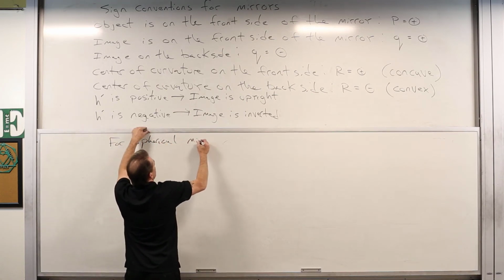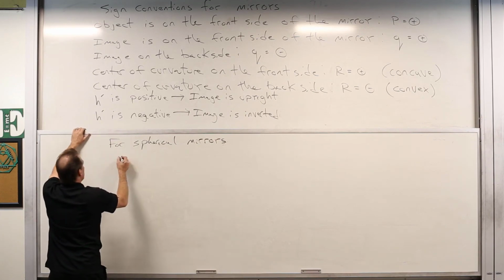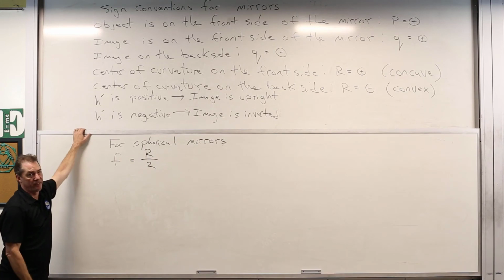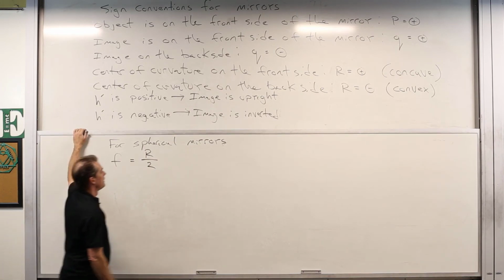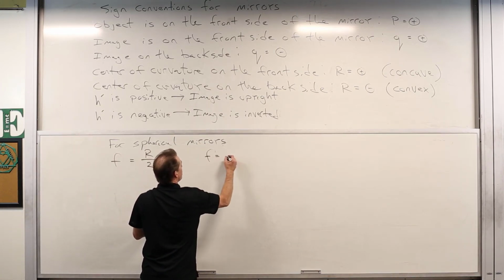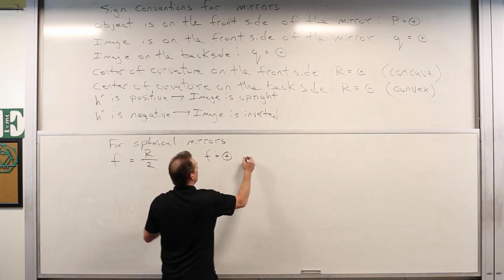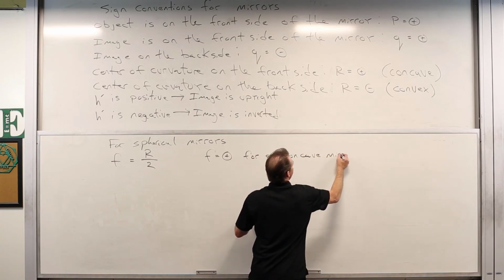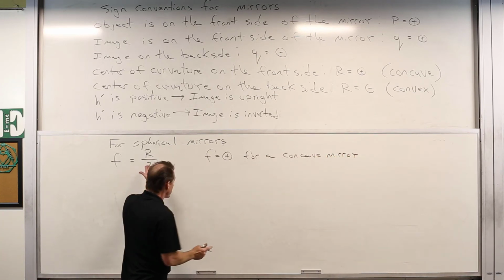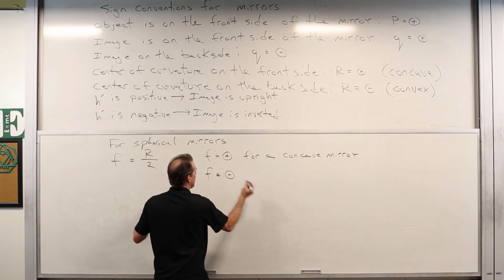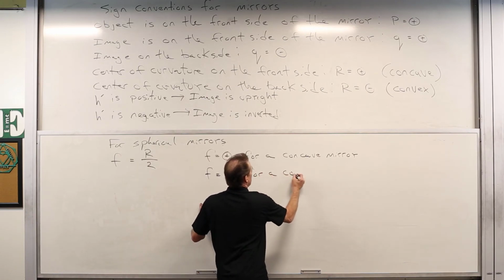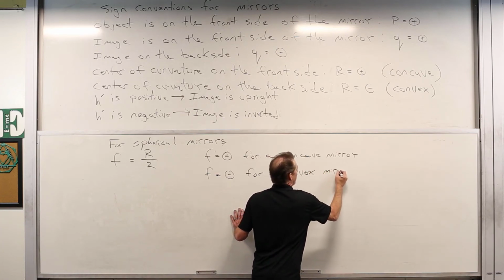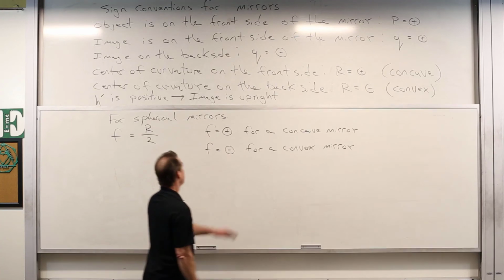For spherical mirrors, the focal length is equal to 1/2 the radius of curvature. f is positive for a concave mirror, because R is positive, and f is negative for a convex mirror.